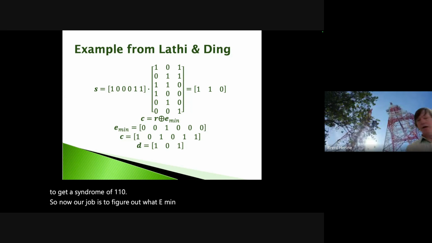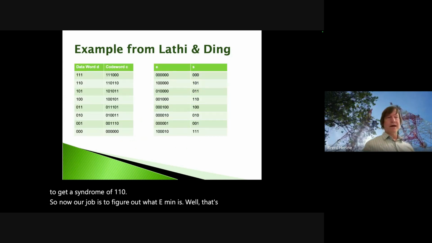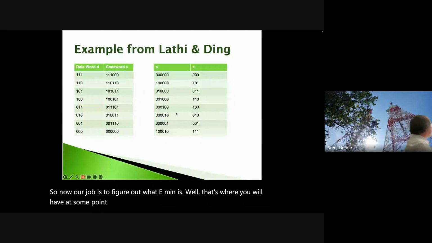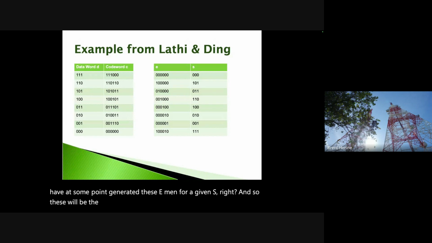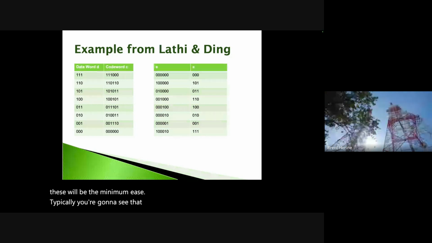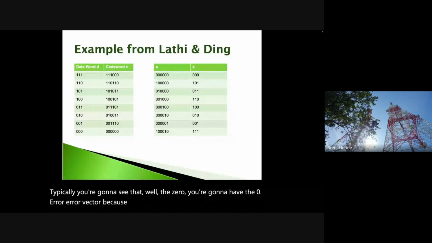Well, that's where you will have at some point generated these E min for a given S. These will be the minimum E's. Typically, you're going to have the 0 error vector because there's no errors in that case.